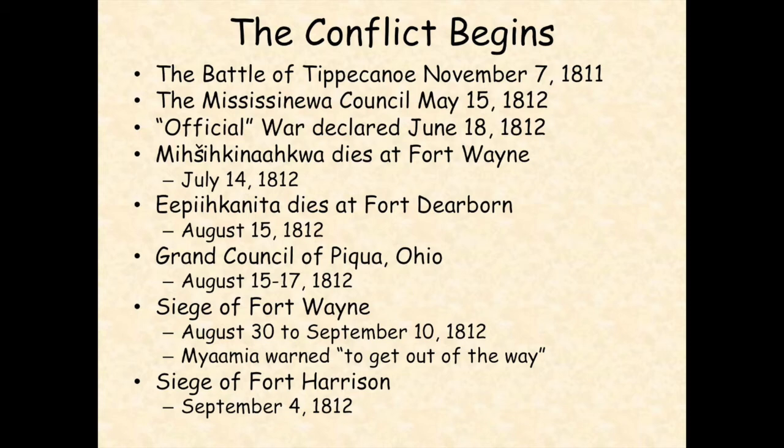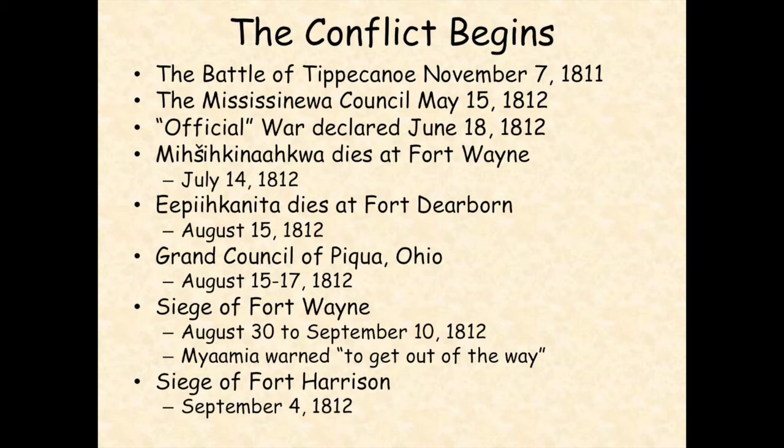But while en route to the council, word came of the fall of Fort Dearborn and that there were British allied American Indians, Native Americans, descending on Fort Wayne and our villages. And so they turned around and returned to the Fort Wayne area to evacuate our villages. And that's the beginning of the siege of Fort Wayne from the end of August through early September of 1812.